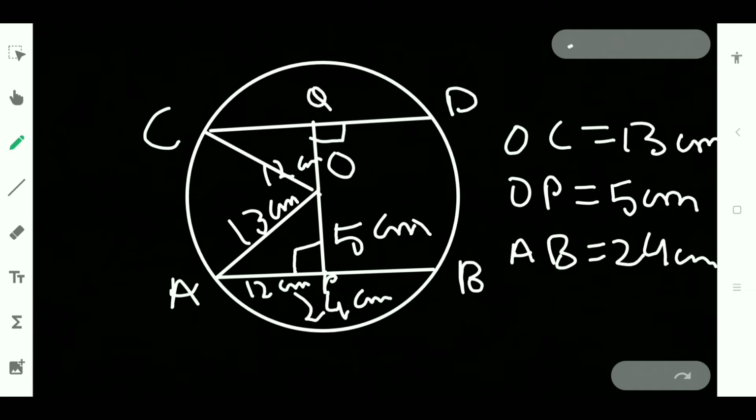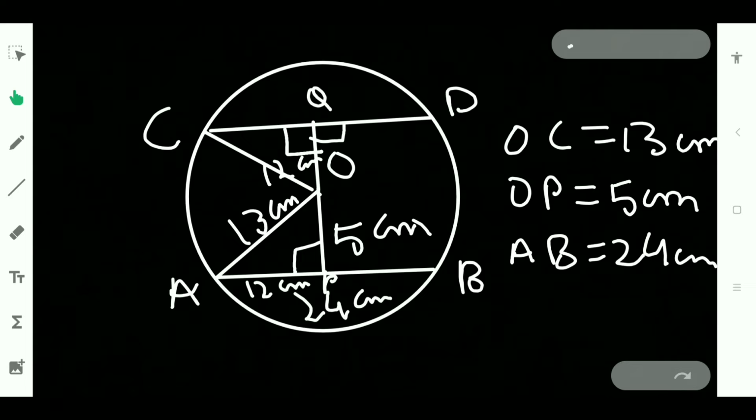Now here OQ is equal to 12 centimeter and OC is equal to 13 centimeter. Same way here we have found that this is 90 degree as it is perpendicular. Angle OQC is equal to 90 degree. Here we have seen that OAP, this triangle 13, 5 and 12. Okay, here 13, 5 and 12 we are having these triangles, Pythagorean triplets.